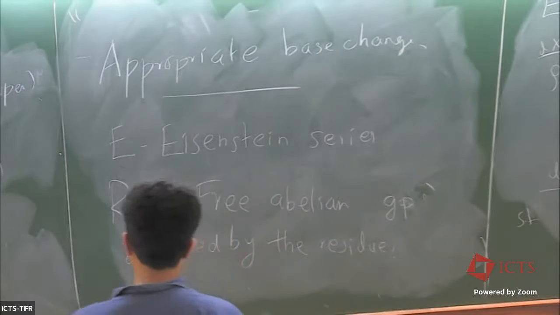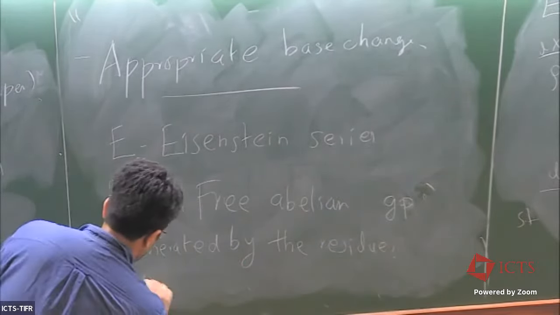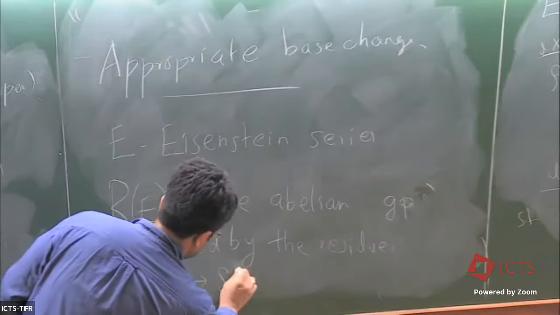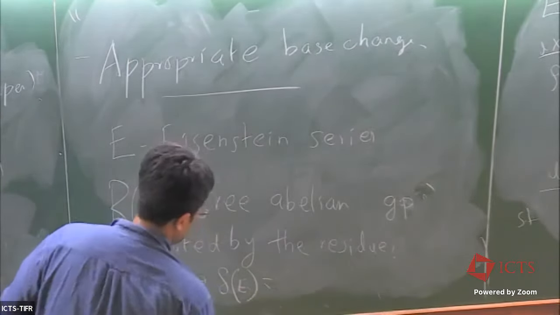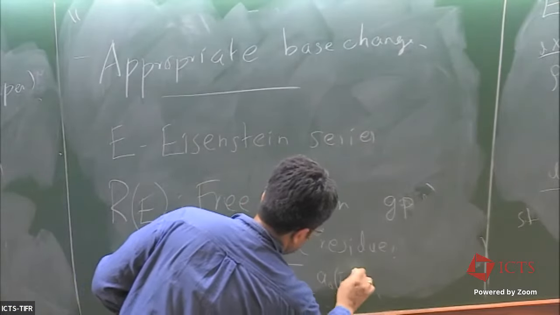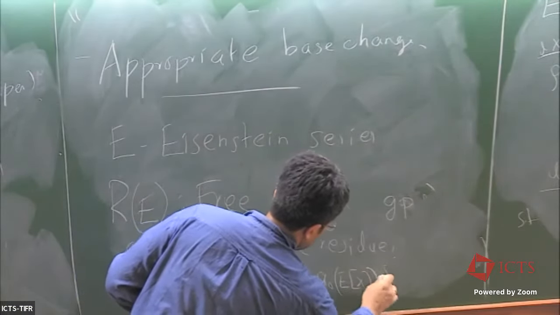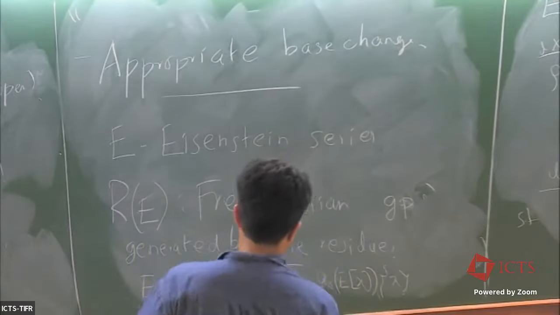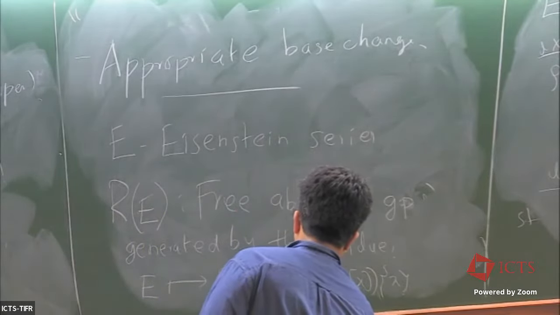In particular, what I'm saying here is that you have this Eisenstein series E, you associate to it delta of E. This is your summation over X of A naught of E over X times X. So now X belongs to the boundary of X naught of N.